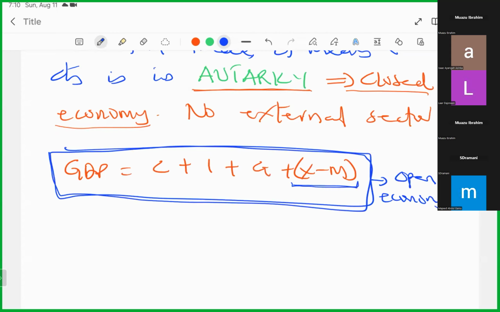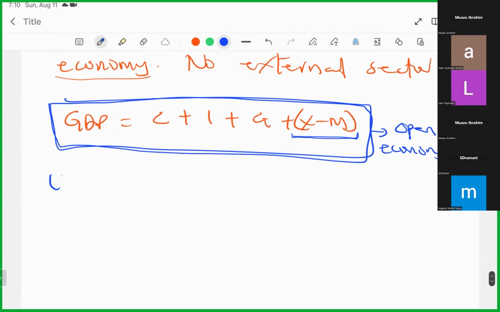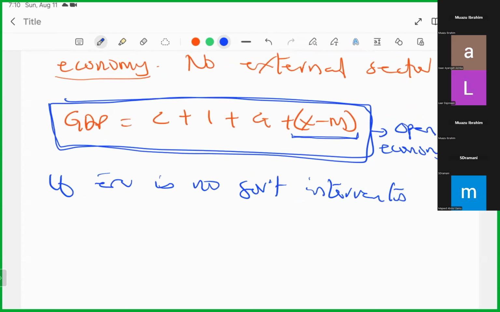Now, in a case where there is no government intervention, it means that G, which is government expenditure, would be zero.